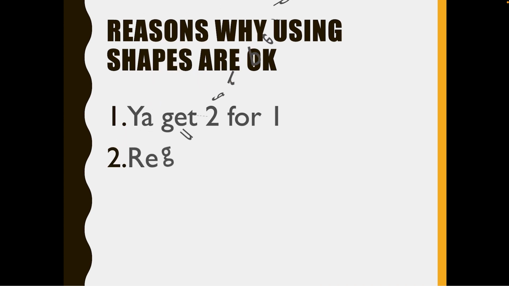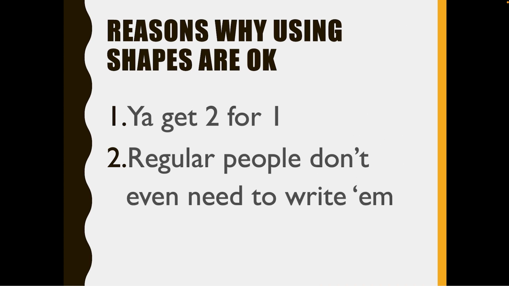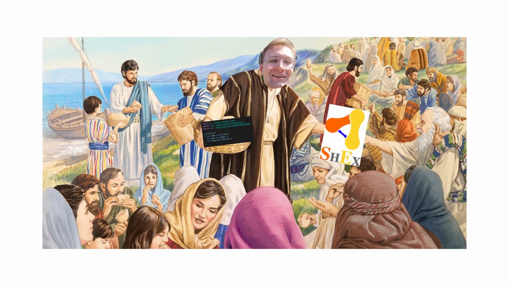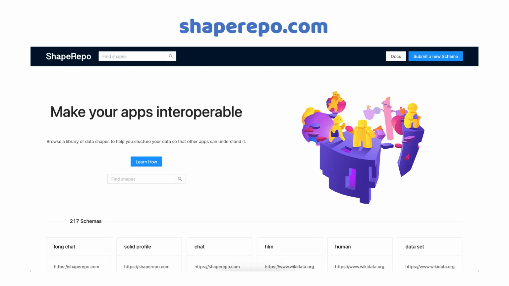And secondly, in the future, I don't think that the average developer will make shapes themselves. Linked data dweebs like me will make shapes and share them with everyone else. That way, average developers don't need to worry about shapes or linked data, and all the apps that use the same data shapes can work together because they use the same data structure. I even made a little website that lists a bunch of shapes that are already in use at shaperepo.com.